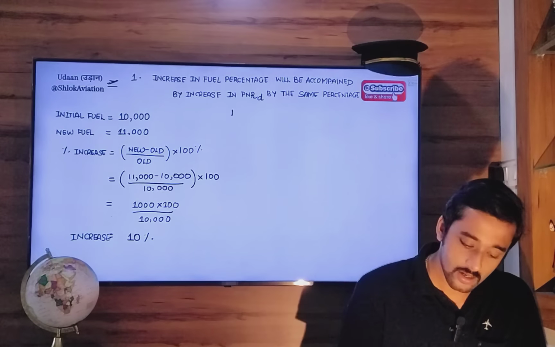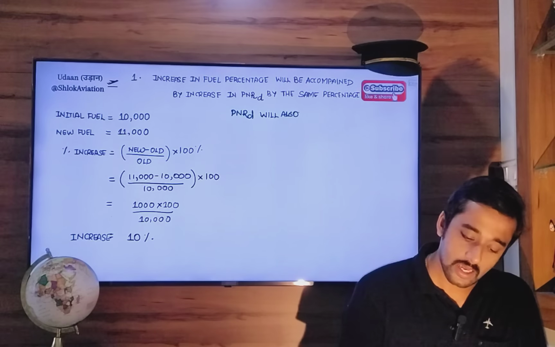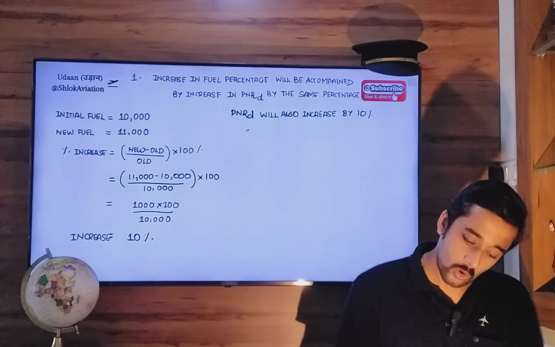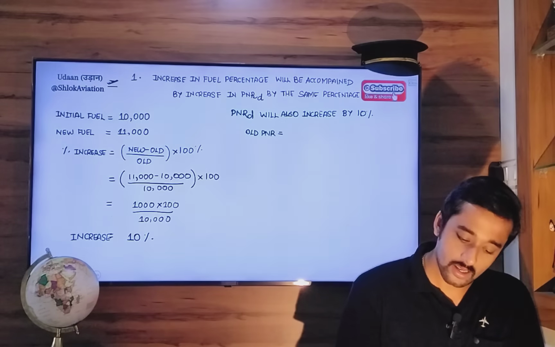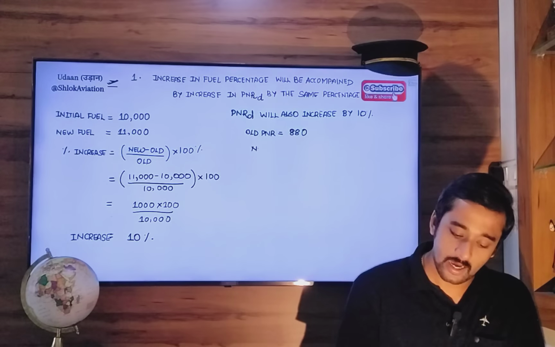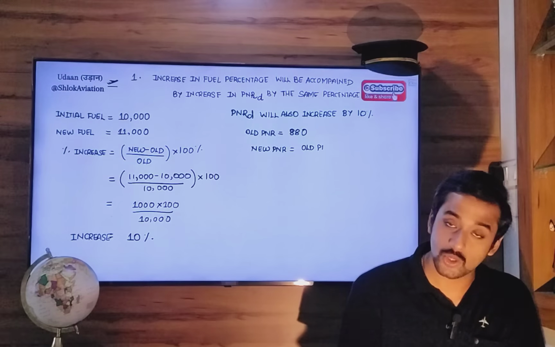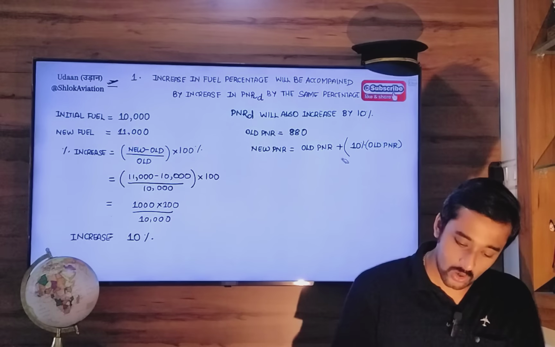So similarly, PNR distance will also increase by 10%. So the old PNR, or initial PNR, was equal to 880. So the new PNR will be more than the old PNR because it has to increase by 10% of the old PNR.